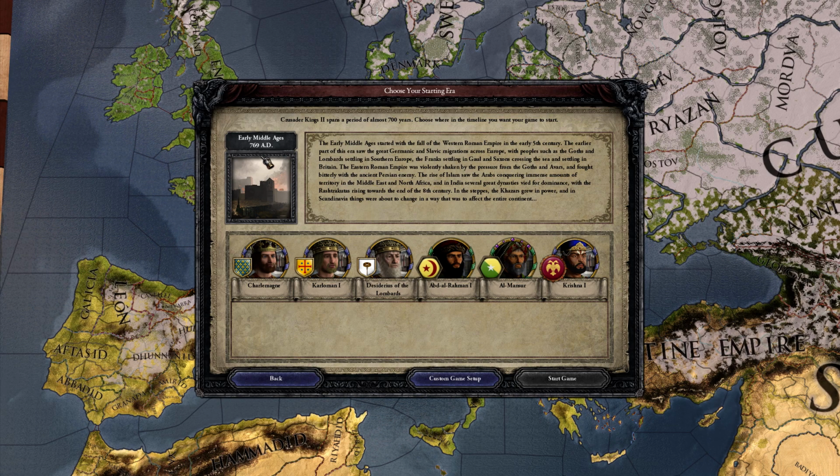Well, not really, but around 700 years or so until the start of the Renaissance, which marked the end of the Middle Ages. You can always start as one of those historical figures that you can see here.